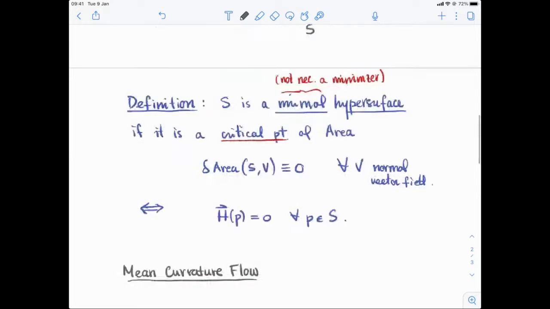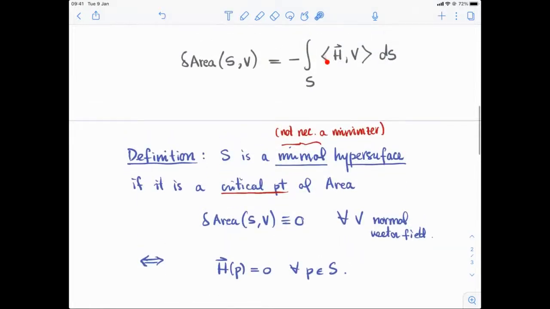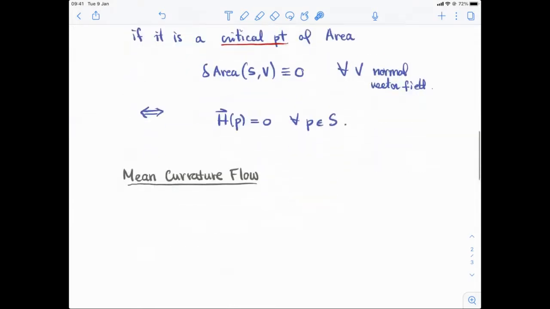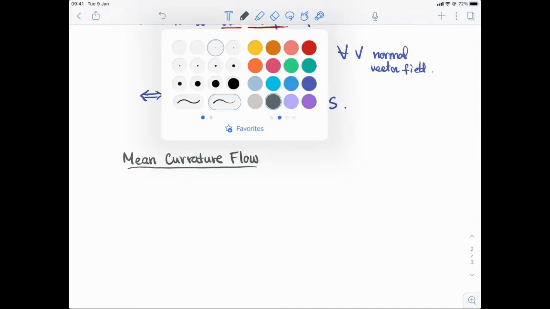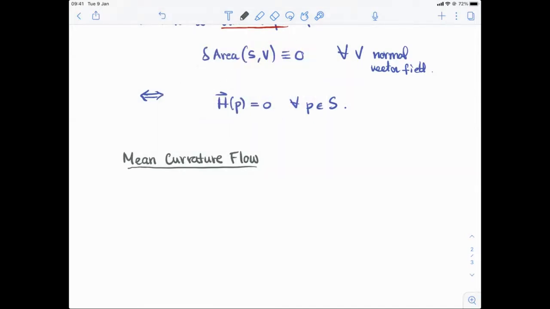Because of this formula here, the mean curvature vector gives you the fastest direction in which you can decrease the area of a surface. So the mean curvature flow is, let me just put it here between parentheses, the negative gradient flow of area.